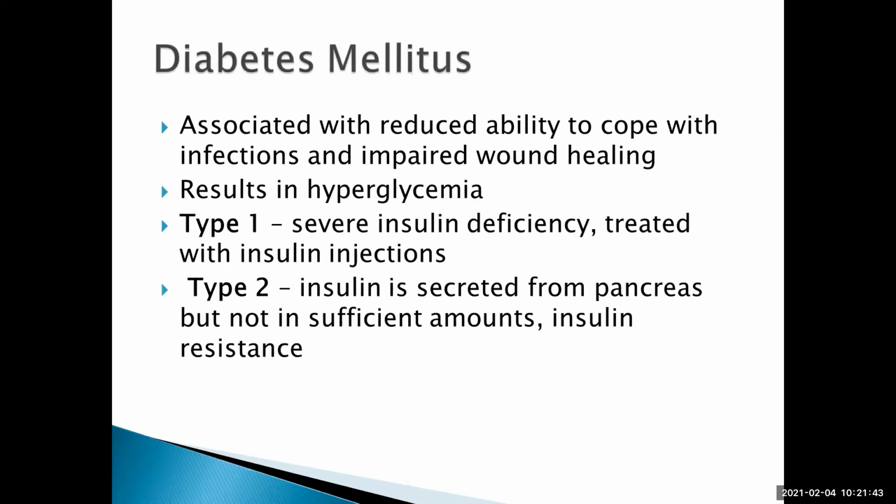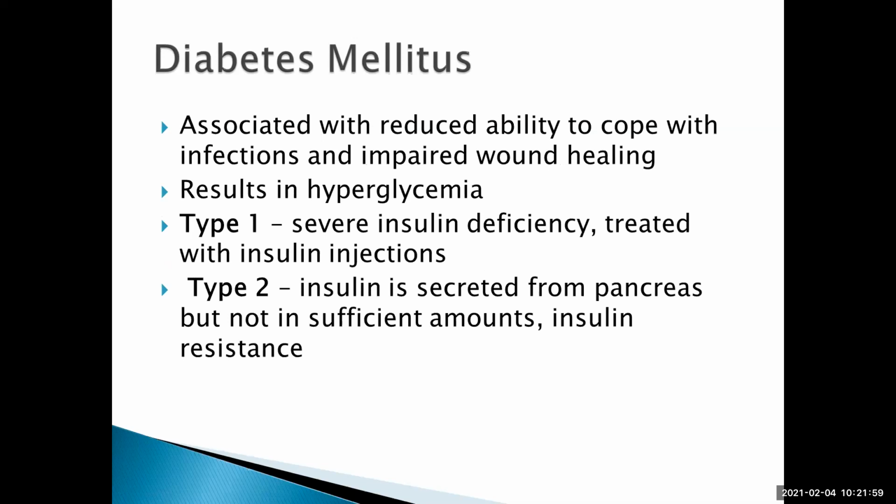Diabetes is associated with the reduced ability to cope with infections and impaired wound healing. This is classic diabetes. It results in hyperglycemia, too much sugar in the blood. And you've got your type 1 and your type 2.